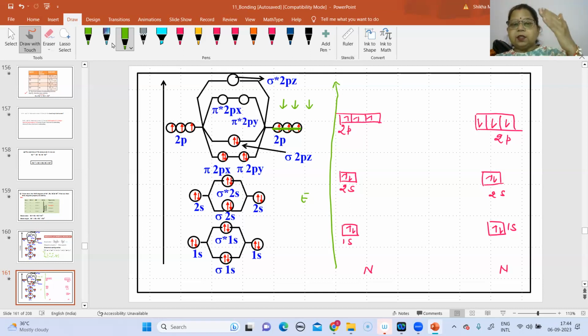The bonding molecular orbital is of lower energy and the anti-bonding molecular orbital is of higher energy. So we will draw it in between the 2 nitrogens. This is sigma 1s. And this we will be drawing, this is sigma 1s anti-bonding, right? We will join them like this.